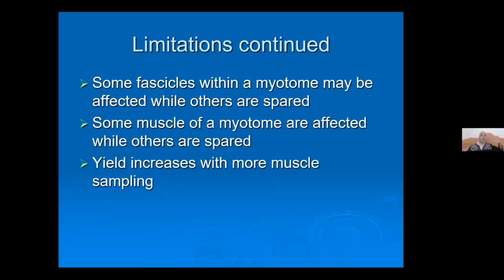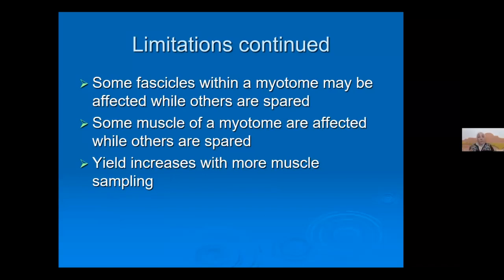Another limitation: some fascicles within a myotome may be affected while others are spared. Some muscles of a myotome are affected while others are spared. This means I have to do a generous muscle sampling because not every muscle I sample will be affected, as not all the fascicles are uniformly affected.